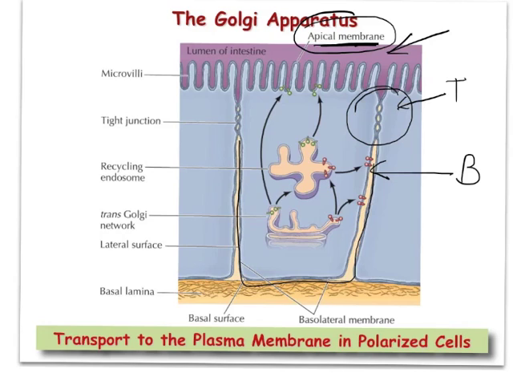And then a logical question is, how can the cell send proteins to different locations in the plasma membrane? That is, what are the kind of signals that are recognized to direct proteins either to the apical membrane or to the tight junctions or to the basolateral membrane?